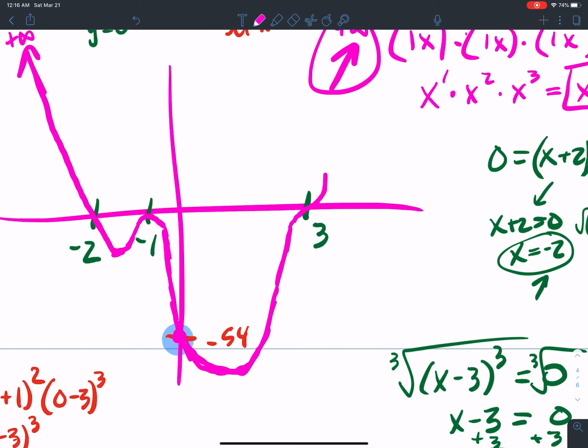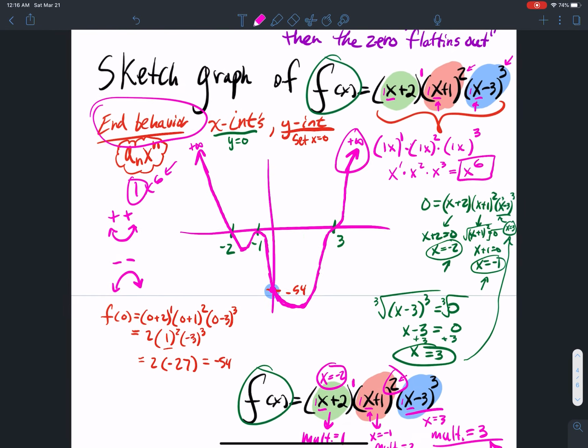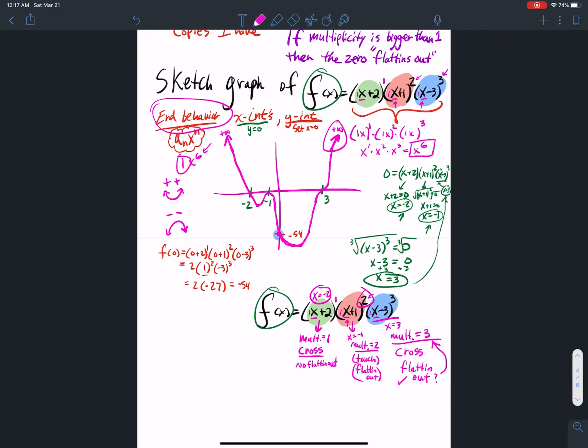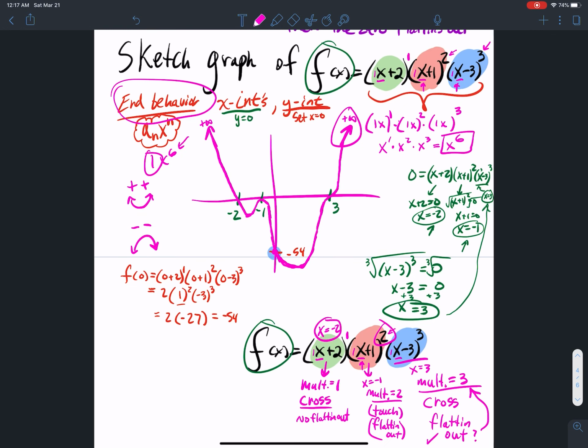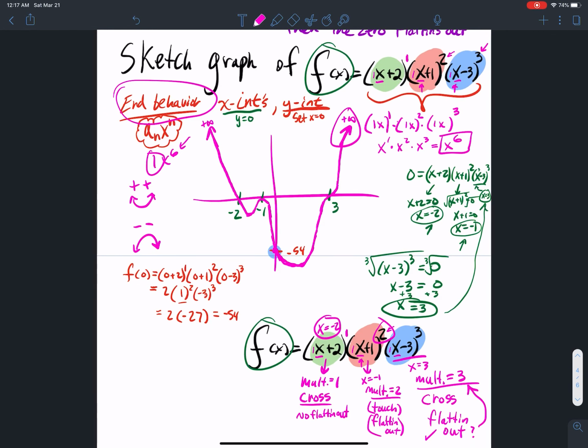I kind of make a little bit of a wiggle going through just like that, and then up. Okay? So that summarizes everything, and that's a crucial part to your next test, knowing how to do this part. Okay, guys, good luck.